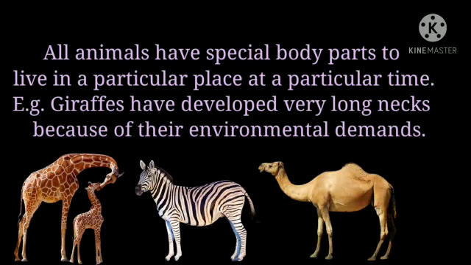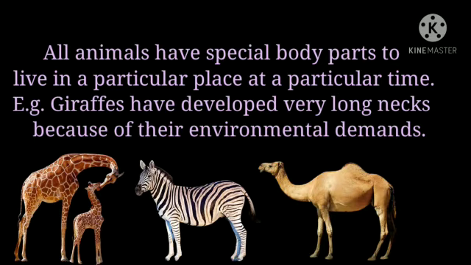All animals have special body parts to live in a particular place at a particular time. Example, giraffes have developed very long necks because of its environmental demands. Because giraffes eat the leaves, so they have to pick the leaves from the trees.